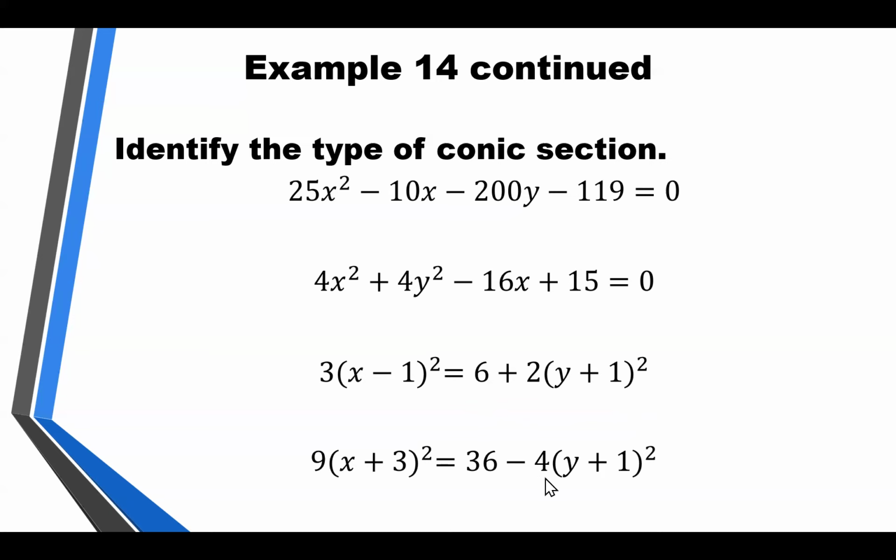If I put the x squared term and the y squared term on the same side, the x squared term would have a coefficient of 9, and the y squared term would have a coefficient of positive 4. So that is an ellipse. One is a positive 9, the other is a positive 4 when I put the x squared and y squared terms on the same side.